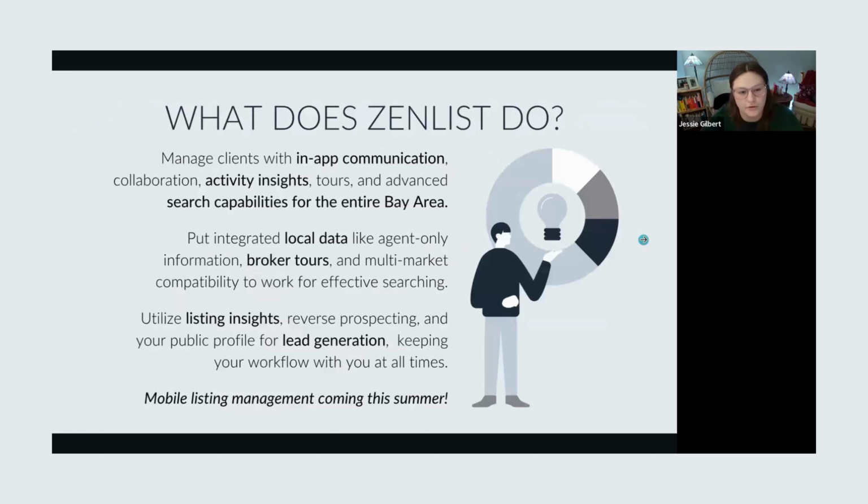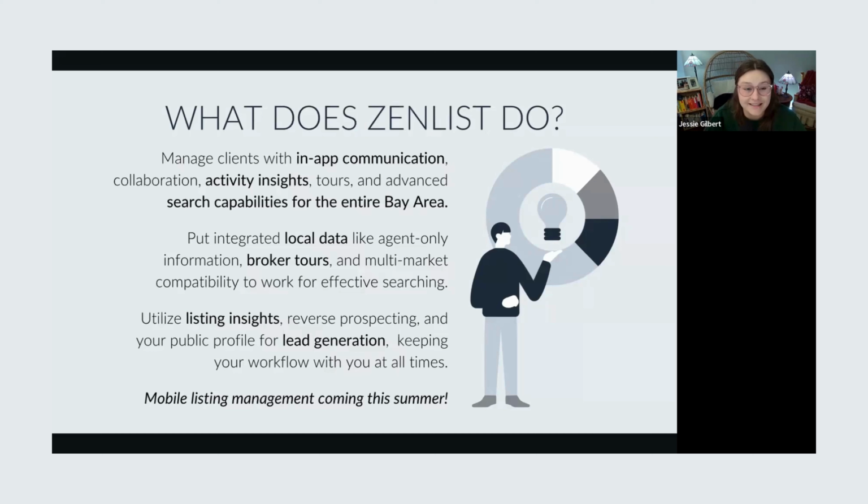We'll spend the majority of our time together today in a live demo. I'll actually share my screen with you, walk you through your Zenlist account and what all of that collaboration looks like. But I want to give you some expectations on what you might learn today, what we might walk away with a better understanding of. That includes everything from that client collaboration HUD mentioned to activity or behavior insights for your clients.